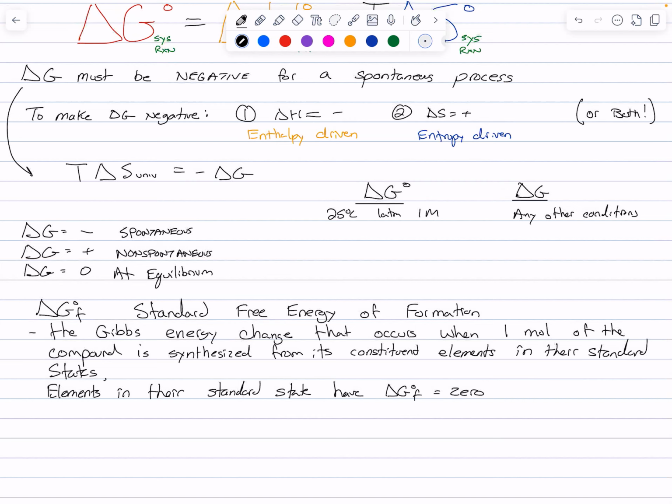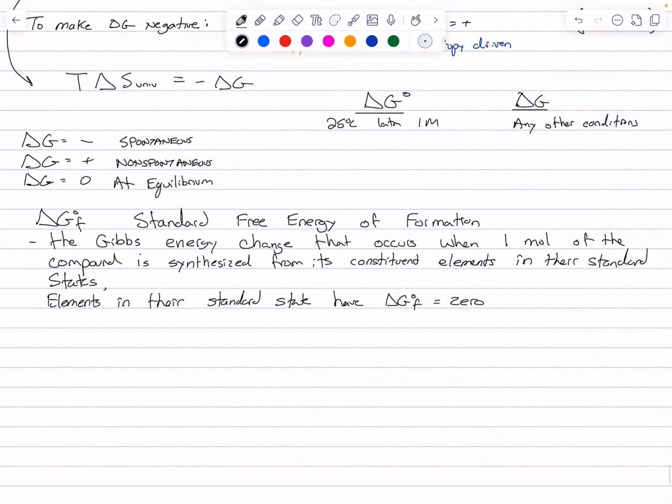All right. So now, the delta G standard of a reaction is equal to the sum of the free energies of formation of the products minus the sum of the free energies of formation of the reactants.